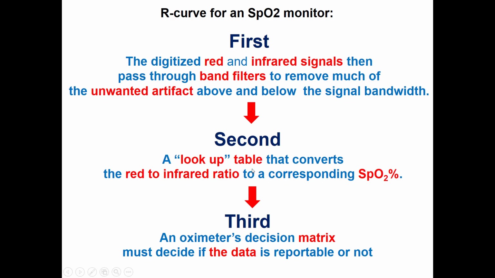This lookup table summarizes this curve. So this lookup table relates the ratio of the red and infrared signals, after being filtered using a band pass filter, to SpO2. Finally, a decision matrix is used to decide if this data is reportable or not.